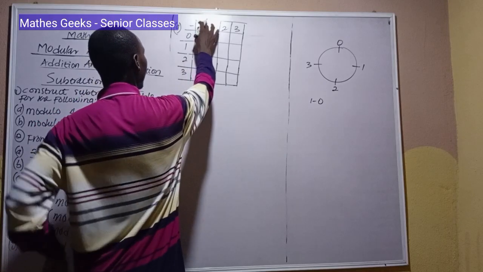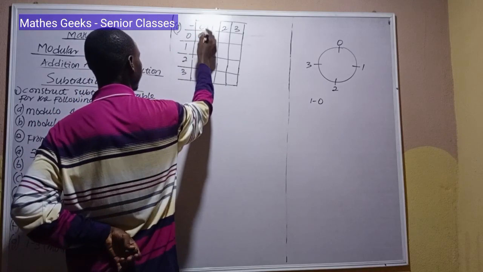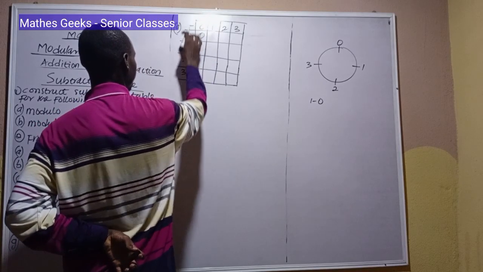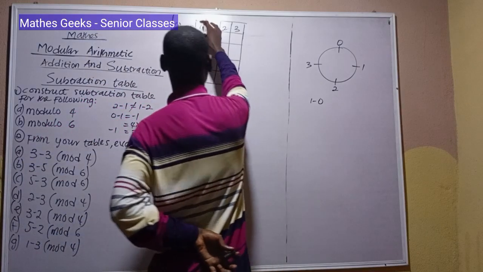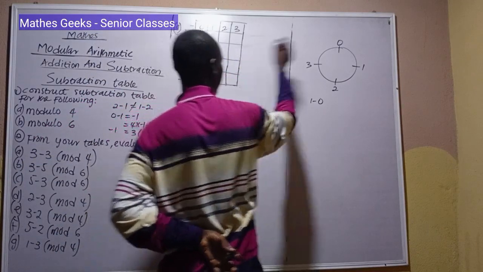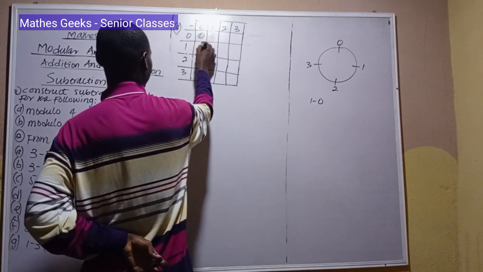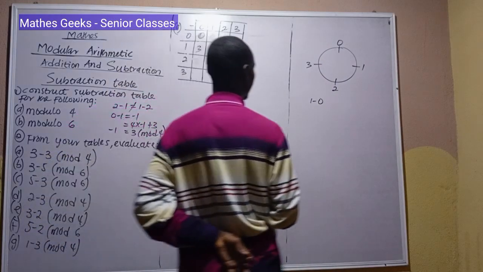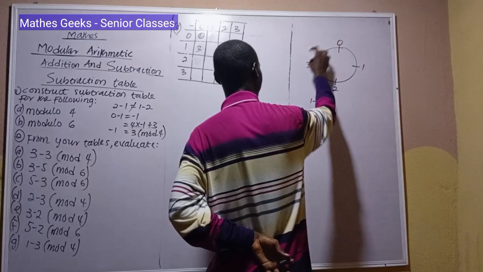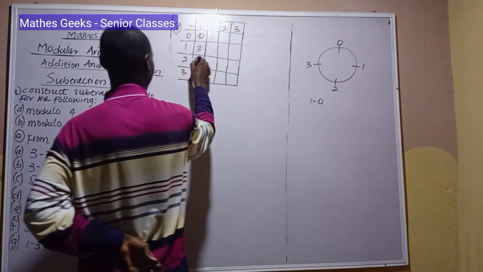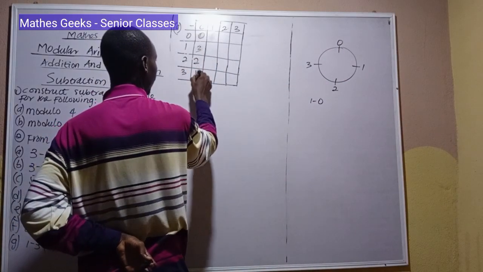So 0 minus 0 is 0. 0 minus 1: start at 0, move once. 0 minus 1 is 3. 0 minus 2: start at 0, move backwards 2 times, 1, 2. So 2. 0 minus 3 will be 1.